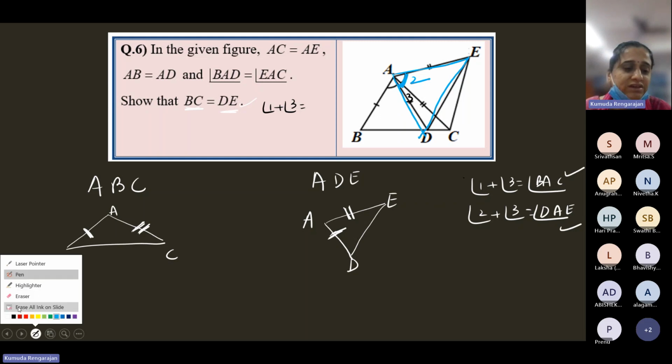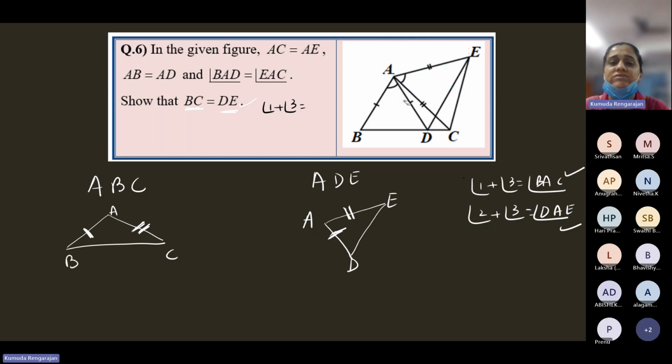But we are given that angle 1 is equal to angle 2. We are only given that angle 1 is equal to angle 2.